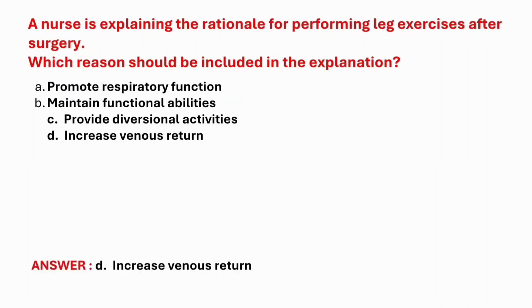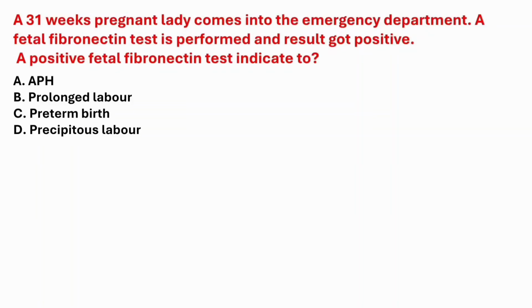Increase venous return. A 31-week pregnant lady comes into the emergency department. A fetal fibronectin test is performed and the result is positive. A positive fetal fibronectin test indicates A. APH. B. Prolonged labor. C. Preterm birth.